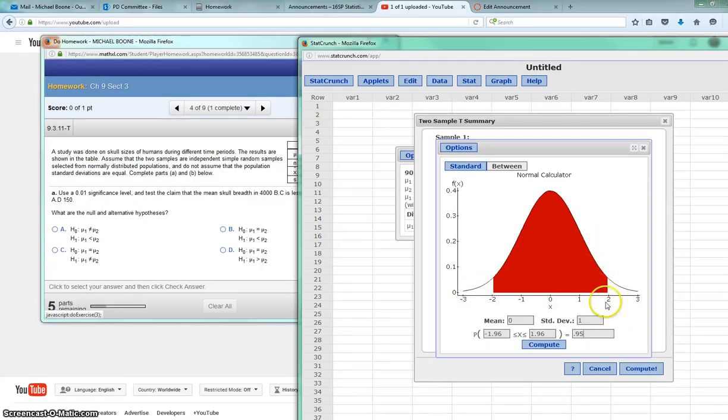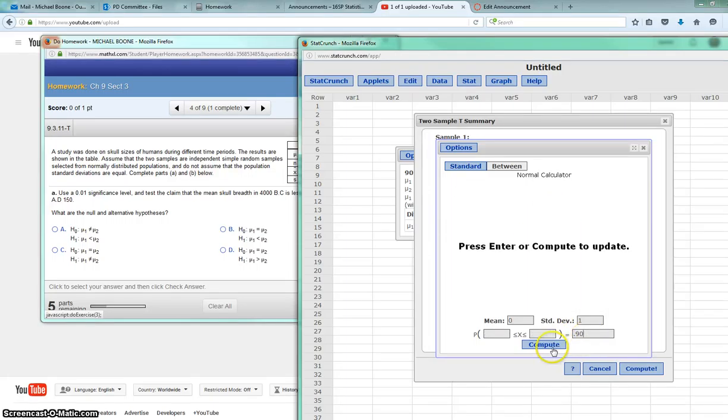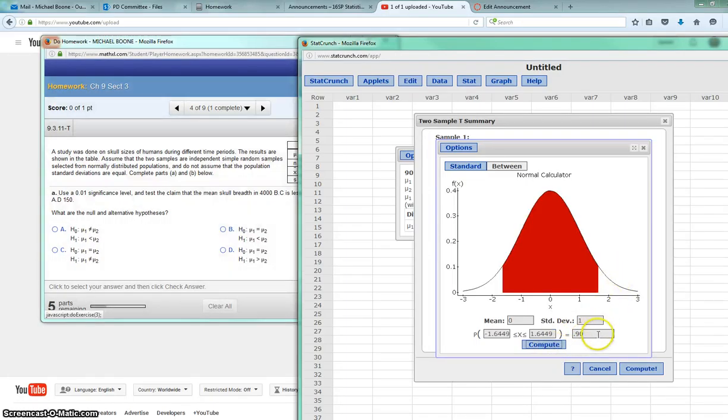But if I want 5% on both sides, that would give me this 90%. So since I'm just looking at the one side, we would have to make that a 90% problem.